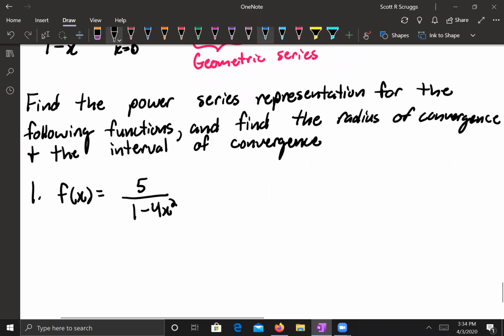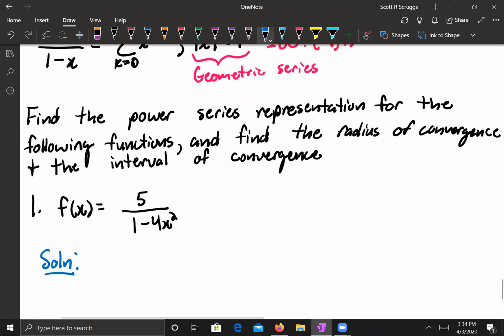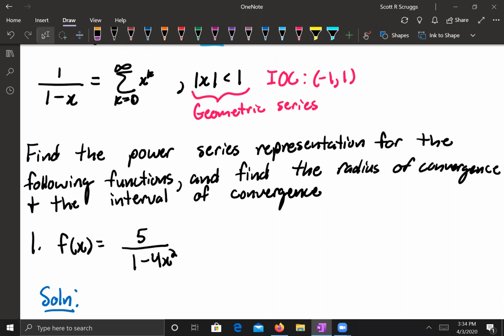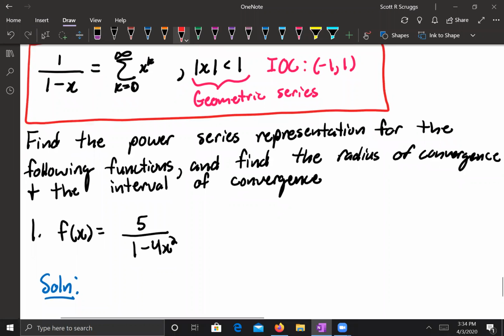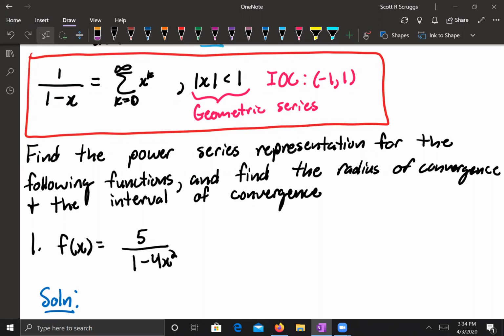I want to give y'all a few minutes to try to work that one out, and then we'll work through it together. But keep in mind that when y'all work through that example, try to figure out how can I use this result in the box above to help me form that power series representation.